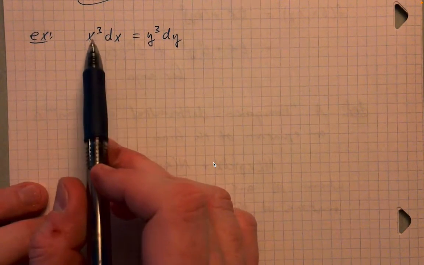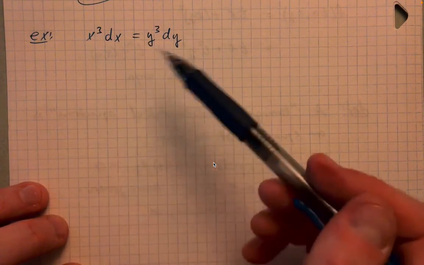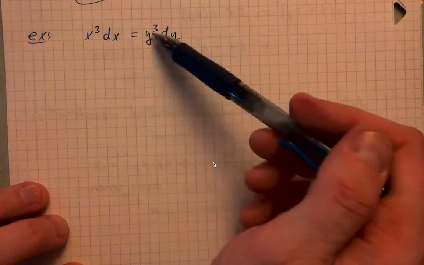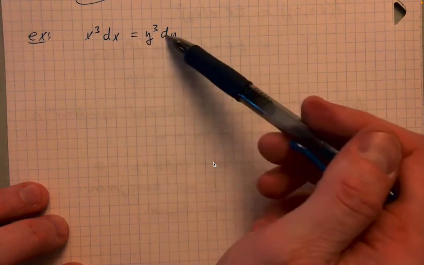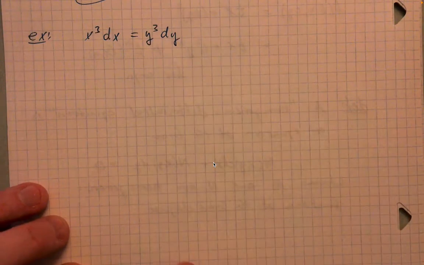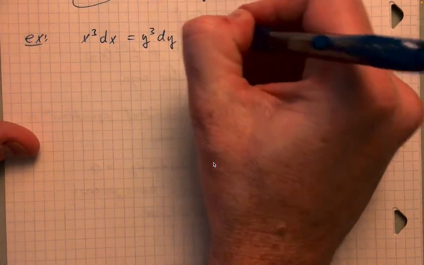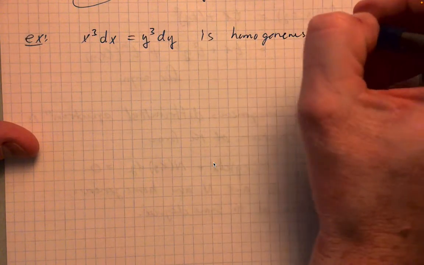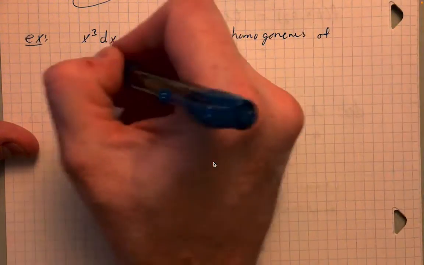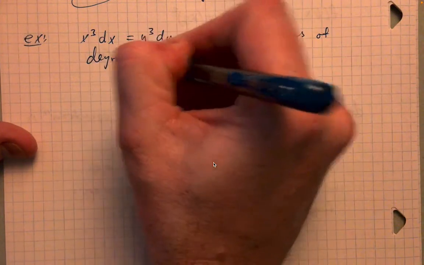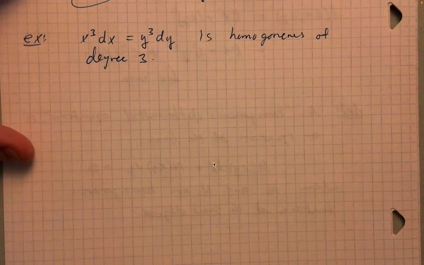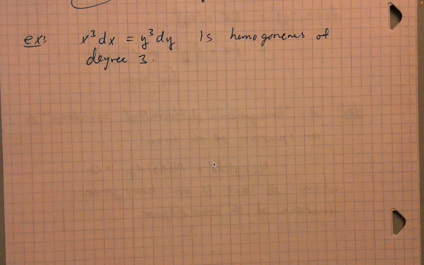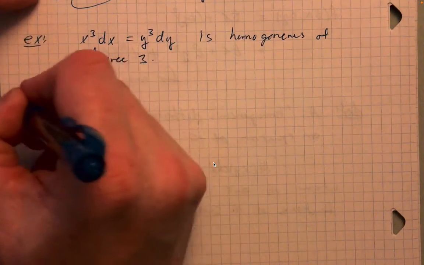We can see for sure if we plug in a tx here and a ty here, then we're going to get a t cubed factor for both, aren't we? Yep. So this is homogeneous of degree 3. Perfect. Okay.